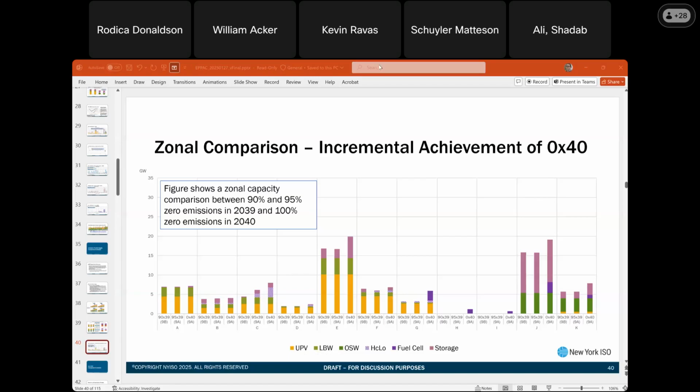Just one question, Kevin Billacker again. For the high capital, low operating cost DFR, you mentioned that it's running with a very high capacity factor.